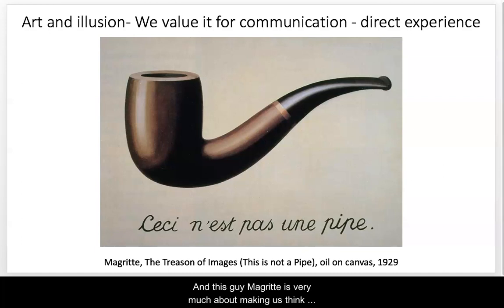And this guy, Magritte, was very much about making us think about how pictures and symbols work in the world. And so he's talking about language and description and direct experience, but also it not being real. So images to him, he's playing with this idea of treason, the way in which they can be manipulated and manipulate us, right? So this is very much a part of art.